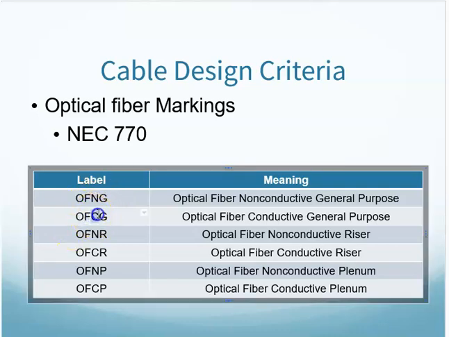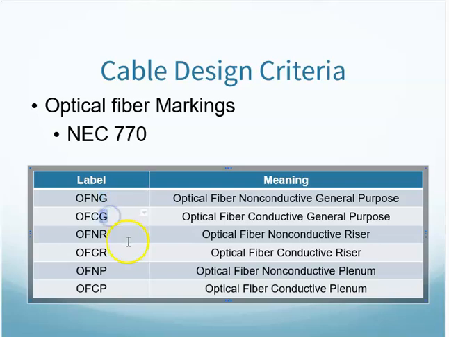Conductive if we have that armoring, or maybe a strength member layer in there. So I might run into the OFCG, the conductive. If it's conductive, I need to do grounding and bonding. But for the fire rating issue, we're looking at that last letter no matter what.